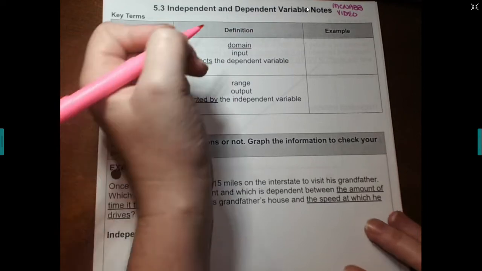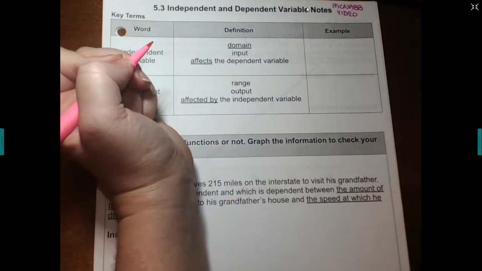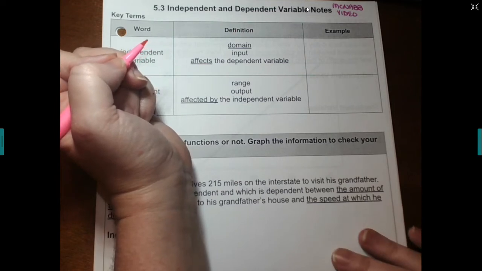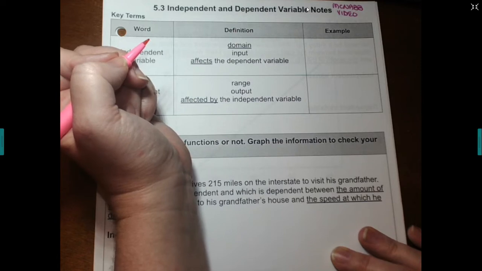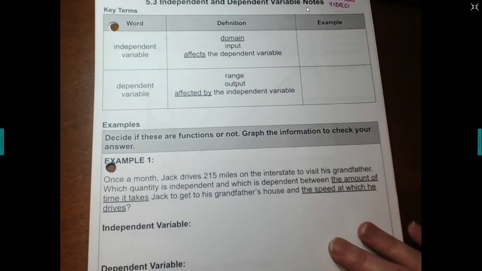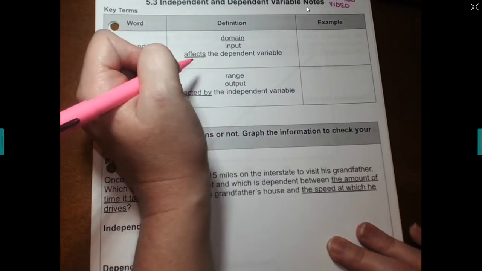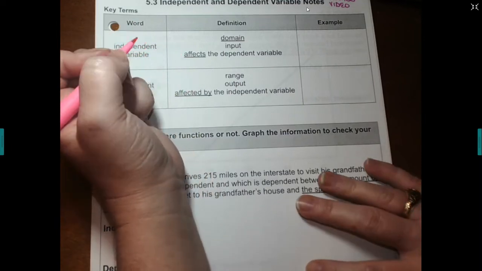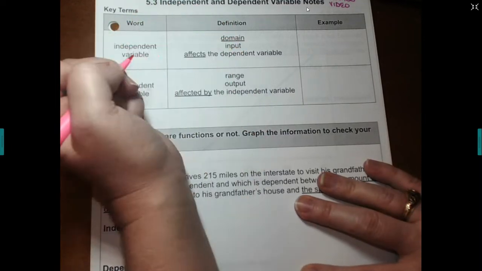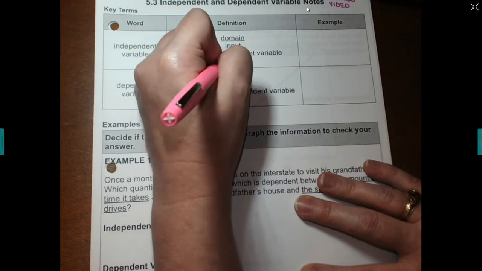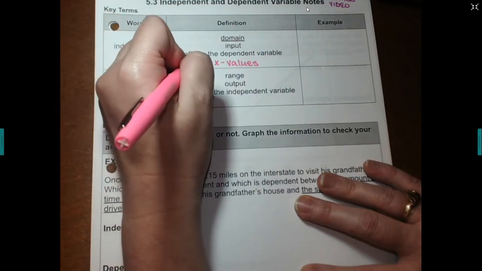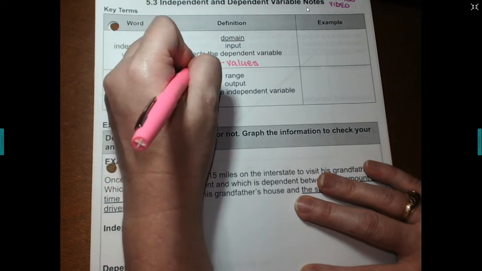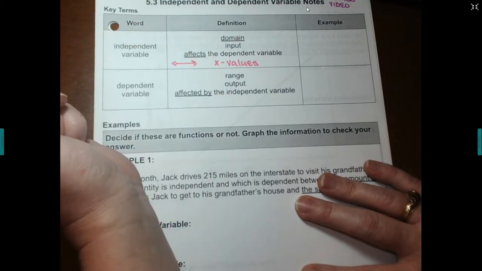It is the input, so it's what we put into our function or into our equation. It affects the dependent variable. Also, since it's my domain and it's my input, I know it's my x values. And I know it's going to go on my x-axis, which is my horizontal axis.